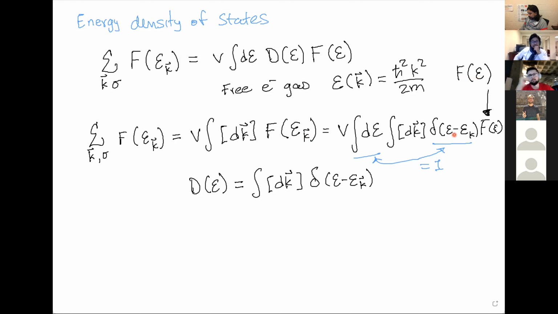This delta function is taking me from F of E of K to F of E. I'm just sticking the delta function in there, and I get to get rid of this K because this E right here is going to be shifted to EK when I do this integral times the delta function on this function.